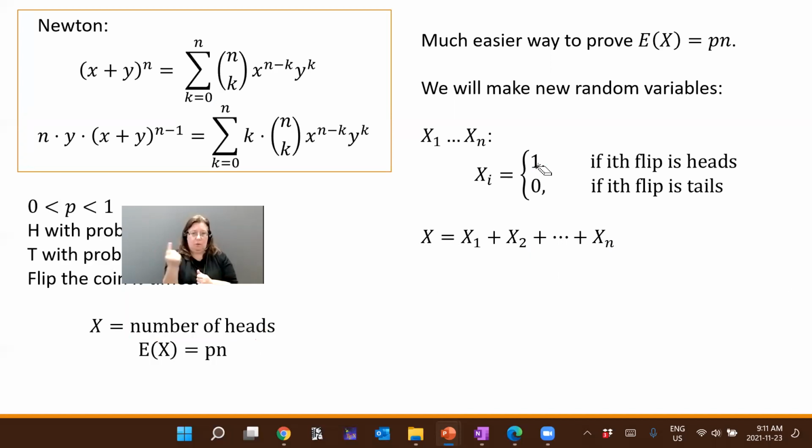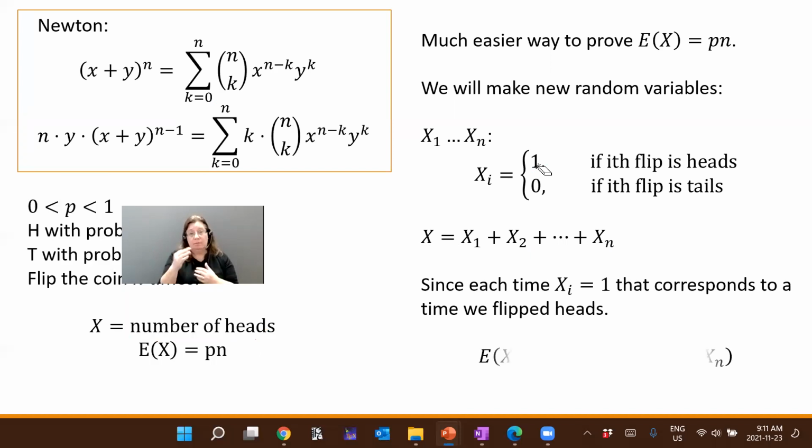Now, if we want to count the number of heads, x is the random variable, the number of heads. We can simply add up all of these indicator random variables, since each one of these heads will correspond to a 1. If we want to find the expected value of x, that is the expected value of the sum of these random variables.